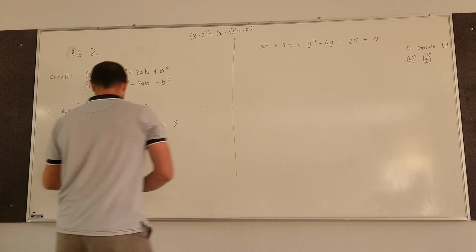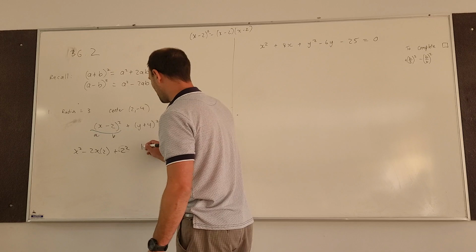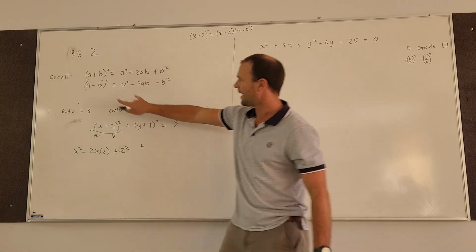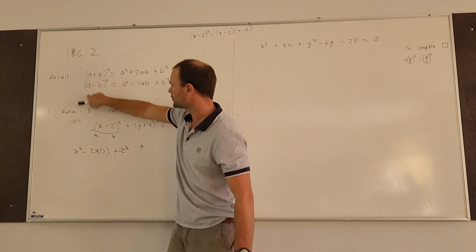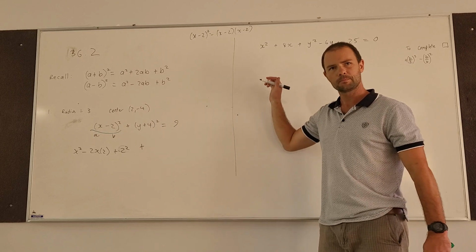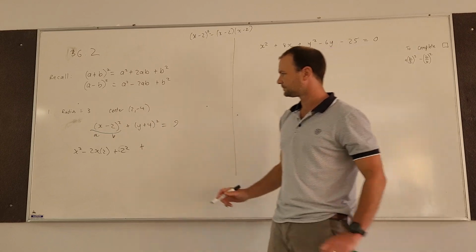Okay, let's leave that as it is now, and let's expand the y. So now I'm going to look at the y plus 4 squared, and which one does it correspond to? It corresponds to the top one because it's a positive, so it's going to be the same, except with a positive.